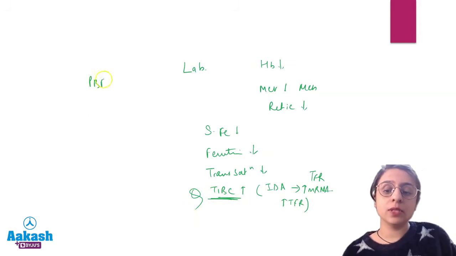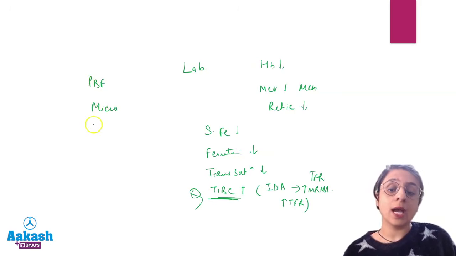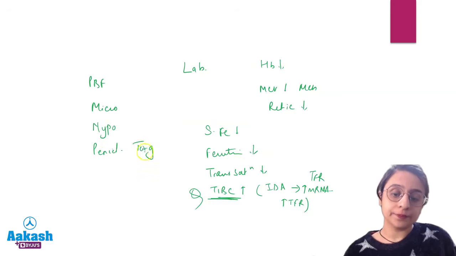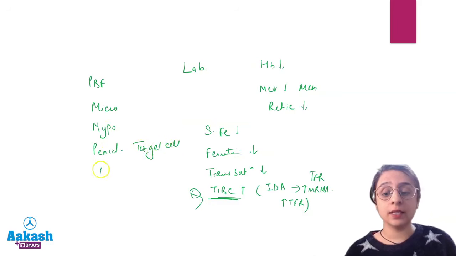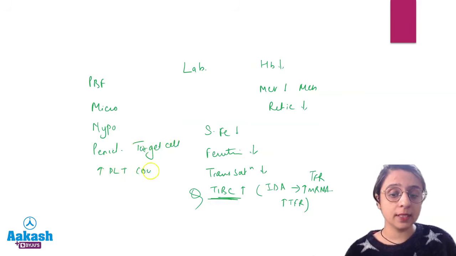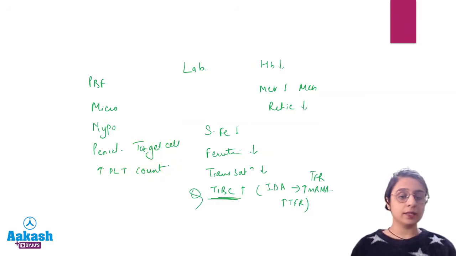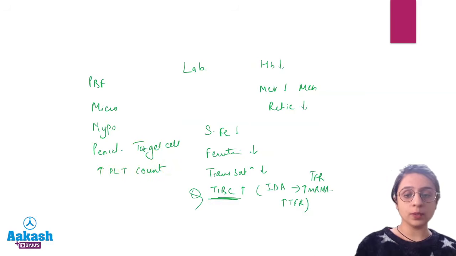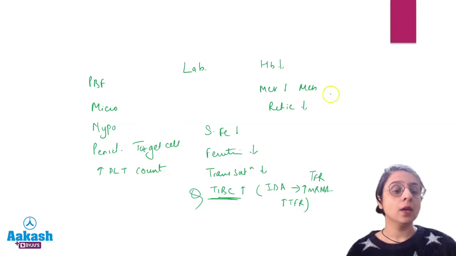On PBF, what will you see? You will see microcytosis, hypochromia, along with that pencil cells, few target cells, right? Along with that, increased platelet count can be seen, reactive secondary to iron deficiency anemia. Now, along with that, on bone marrow aspiration, what will you see?